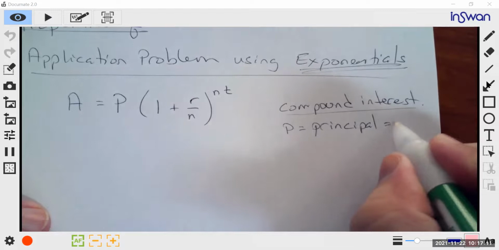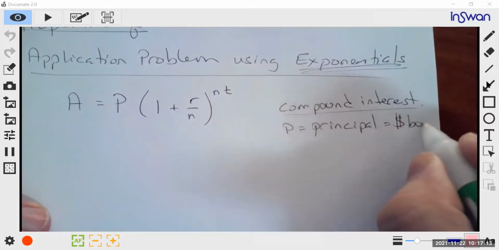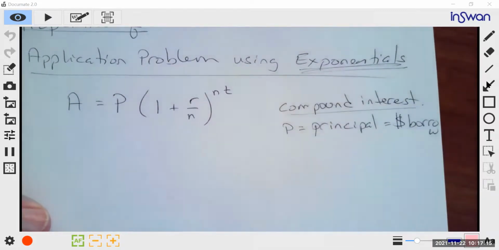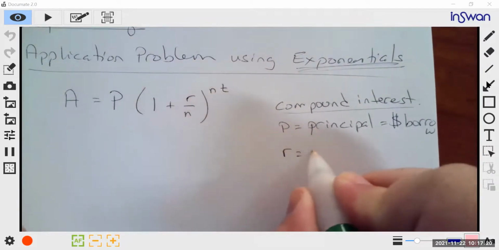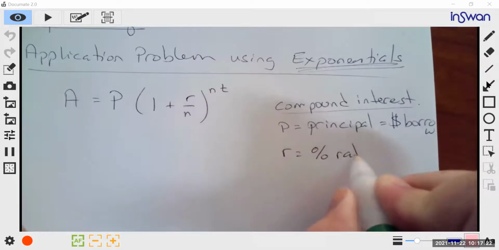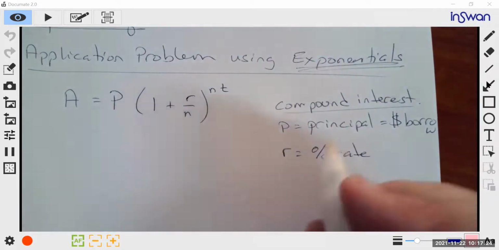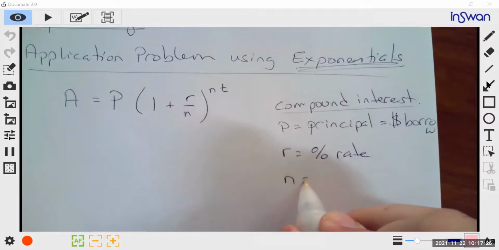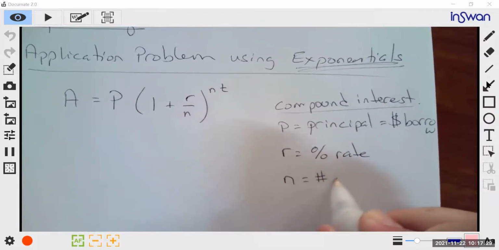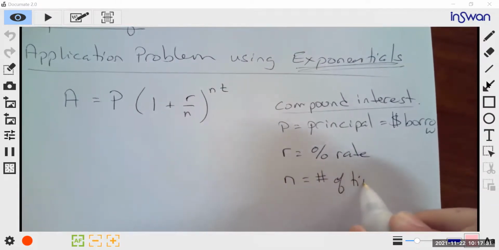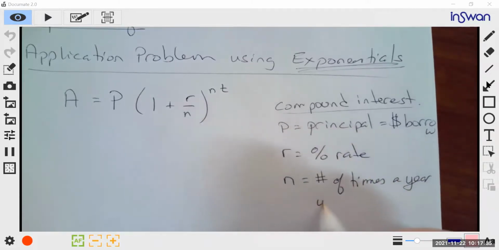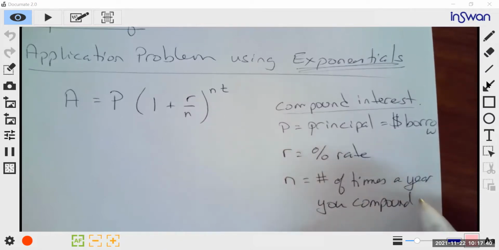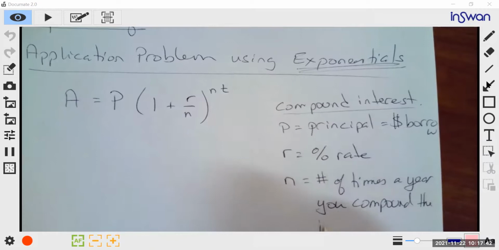That's the money borrowed. R is the percent rate at which you borrow it. N is the number of times a year you compound the interest.